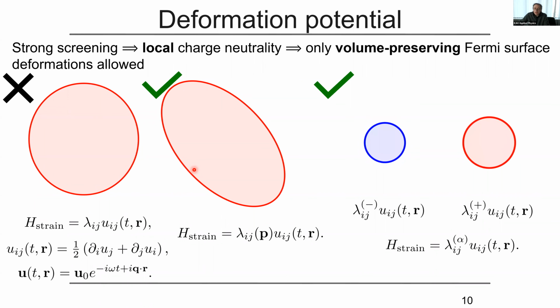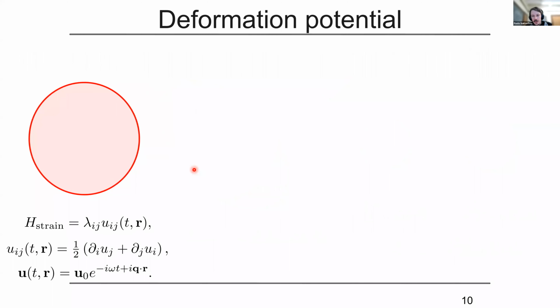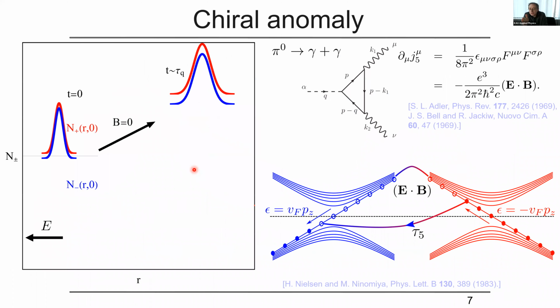Okay, and I wanted to ask about this tau 5. I think it was a picture on slide 7. Just for normal scattering, if you apply an electric field, you have this change of population on the left and on the right.